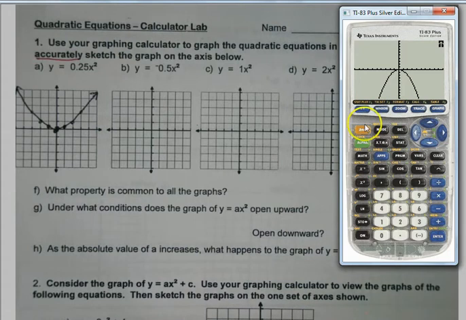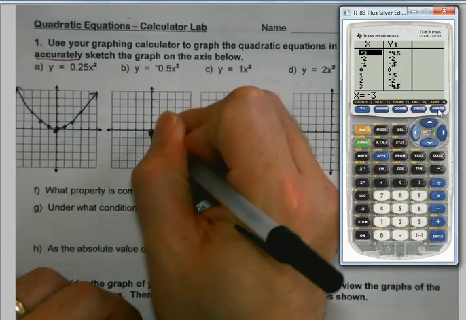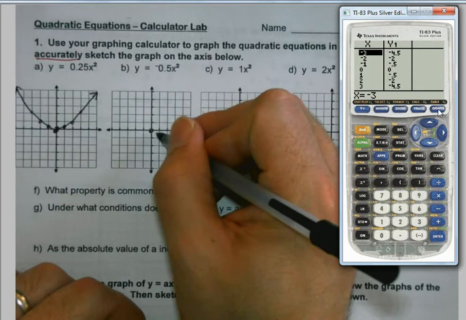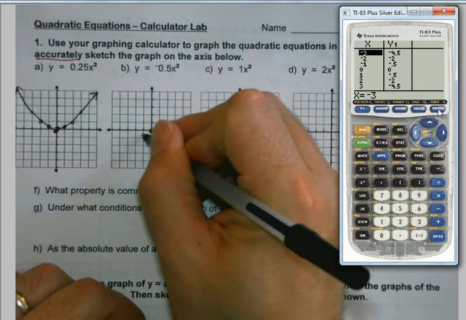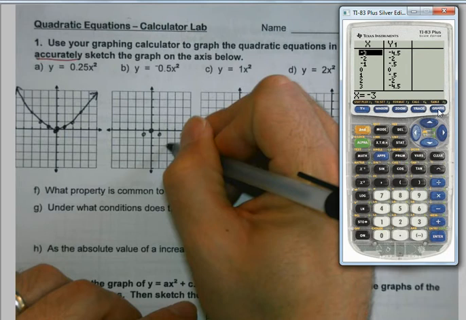But again, if you use second and graph to get your table, you'll notice that 0, 0 seems in the middle because it's symmetrical on both sides of that. Now, I'm not one of those that typically says we absolutely have to draw a chart for everything that we do. I think after a while that can get a little tedious.